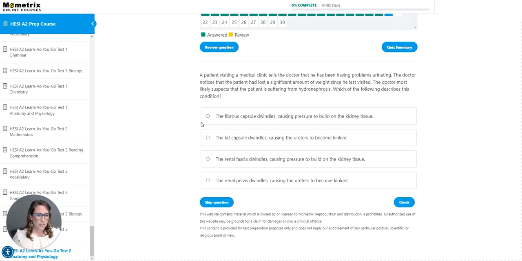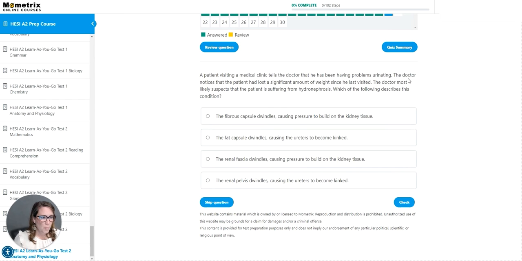So first choice here is the fibrous capsule dwindles, causing pressure to build on the kidney tissue. Second one is the fat capsule dwindles, causing the ureters to become kinked. Third is the renal fascia dwindles, causing pressure to build on the kidney tissue. And last is the renal pelvis dwindles, causing the ureters to become kinked.